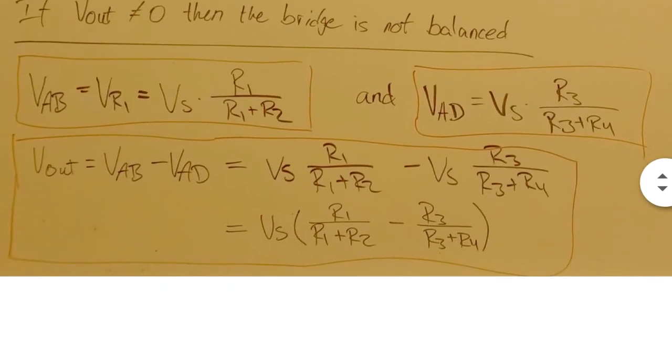And writing this up with our previous equation for each of them, we have that the output voltage is equal to the source voltage times the ratio of R1 divided by the sum of R1 plus R2, and then minus the source voltage times the ratio of R3 divided by the sum of R3 plus R4.